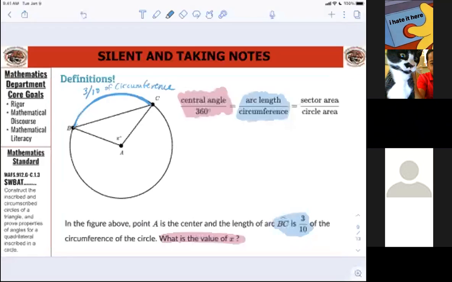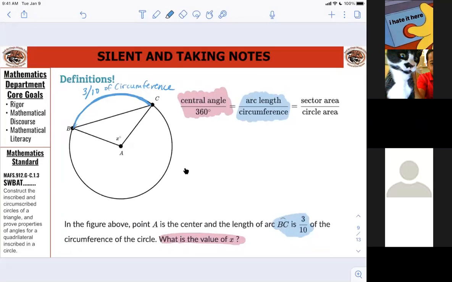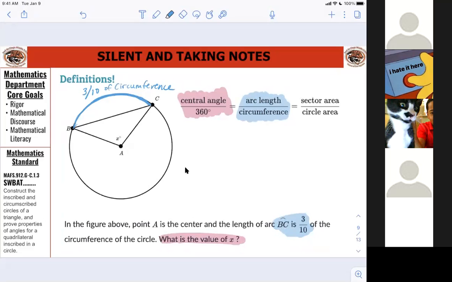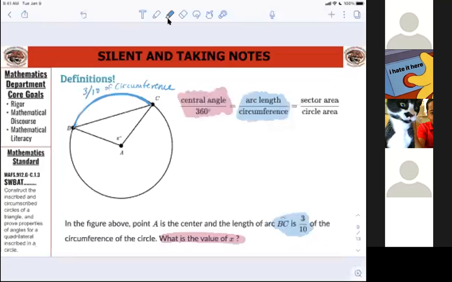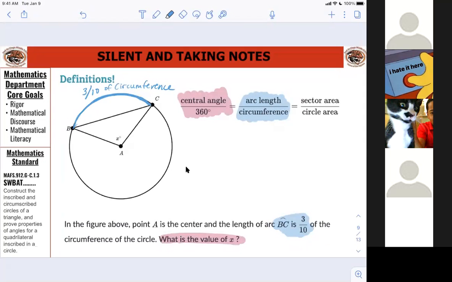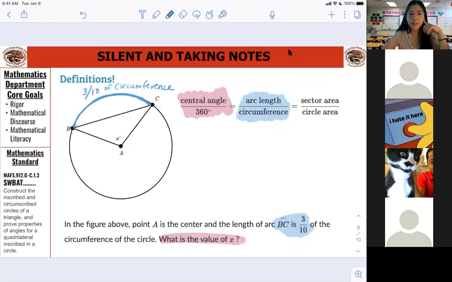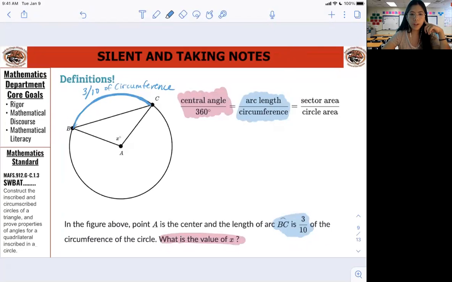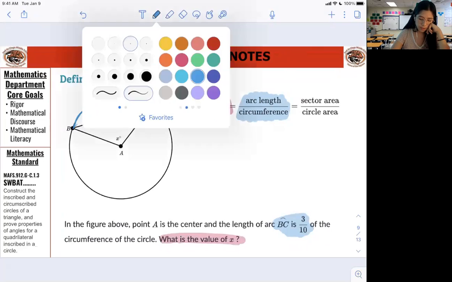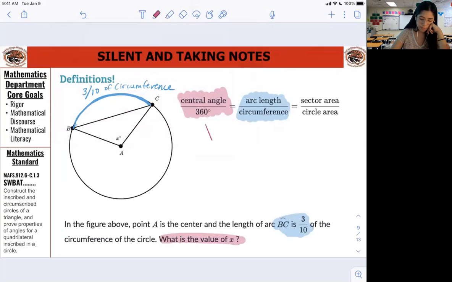All right, so here we are, continuing. So we're using those two parts of our triple proportion. Now let's go ahead and make sure that we set it up properly. So central angle is what we're looking for. So that's x over 360.